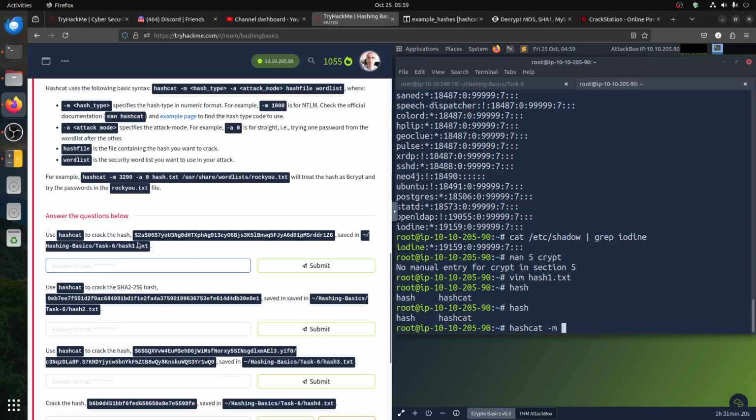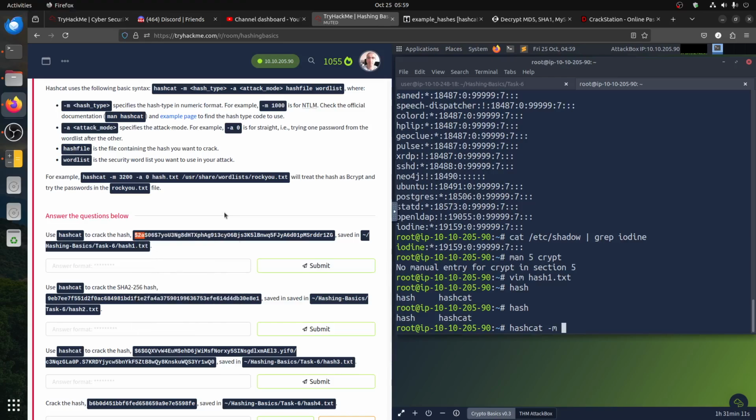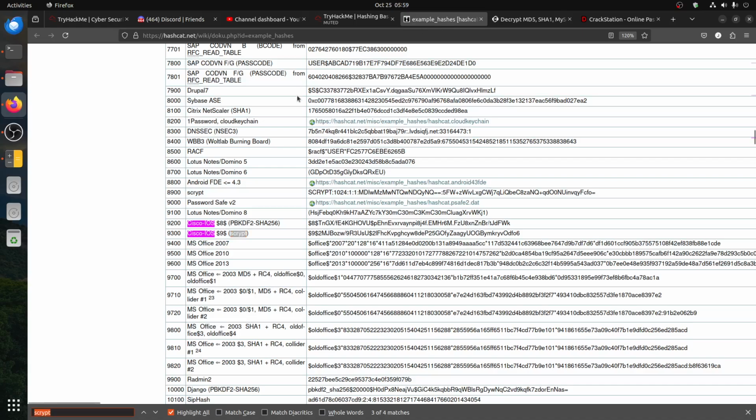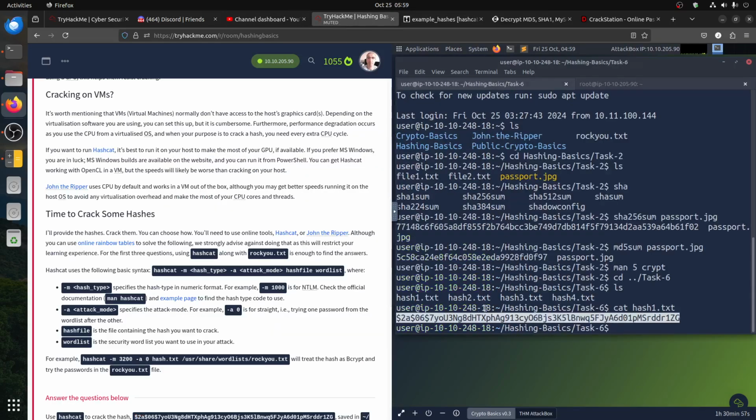So we know it's $2a. Maybe you can just say, they already did an example here. Let me see. Let's see what we got if we find $2a. We find it's bcrypt.